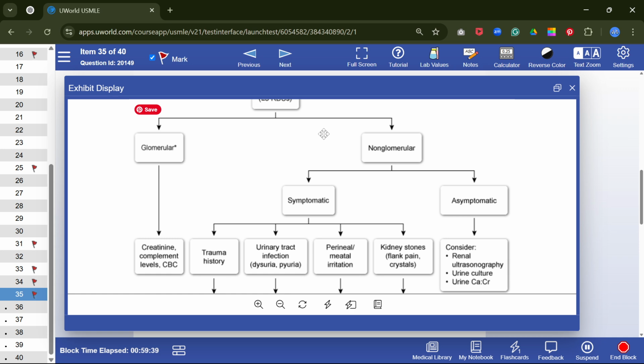If it is UTI, then urine culture and antibiotics. If it is perineal or meatal irritation, reassurance. If it is kidney stone, then renal ultrasonography.